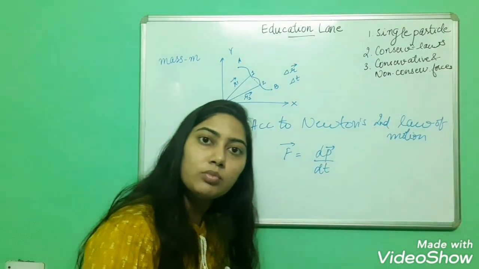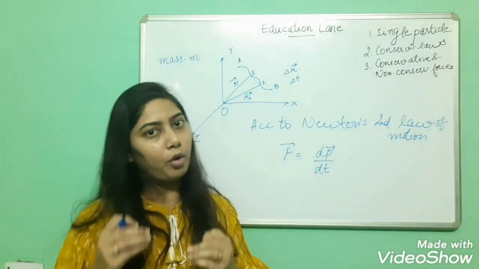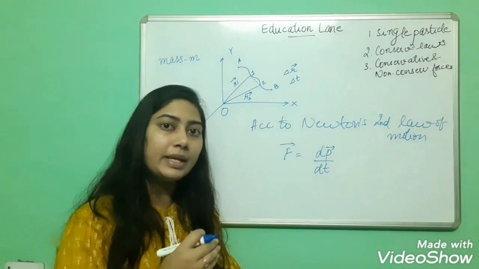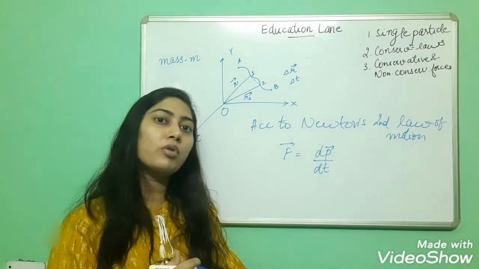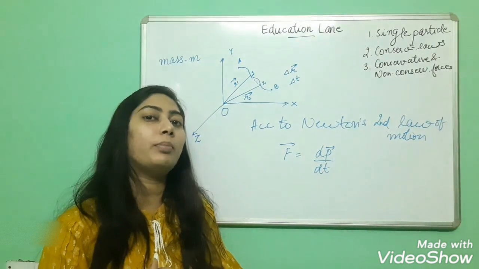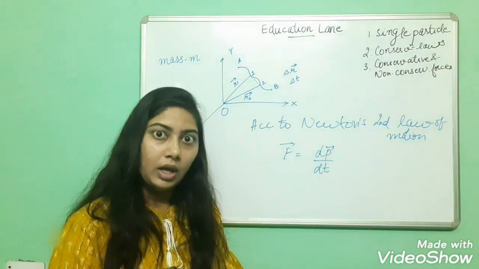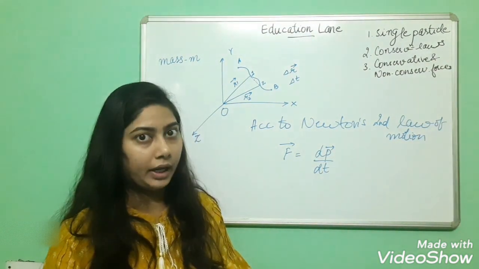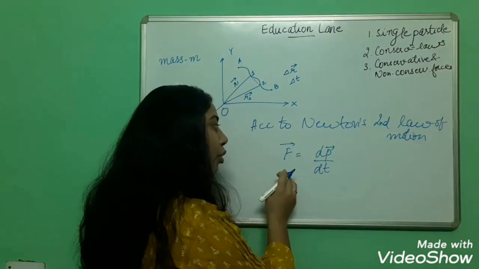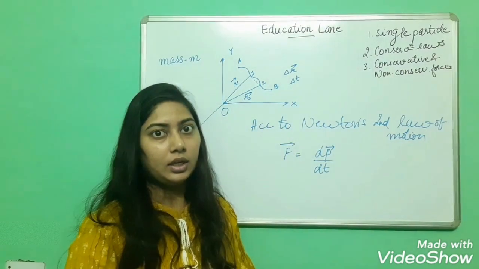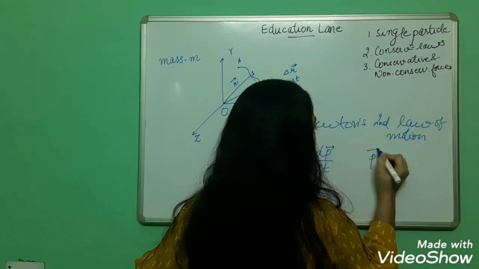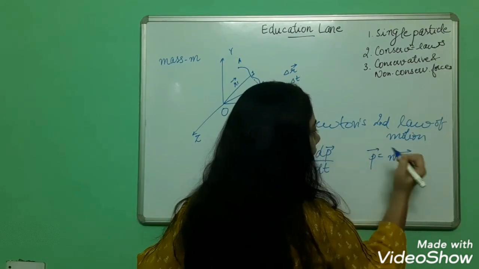Linear momentum is the moment of force, meaning the effect of the force applied on the object: how hard it is applied and in how short a time. If the time is less, the force will be increased in the case of a linear momentum. Now the formula for linear momentum is p equal to mv.